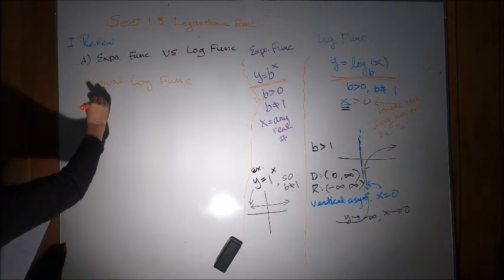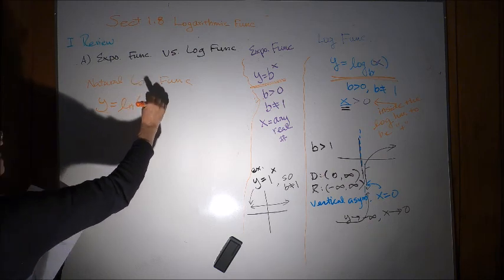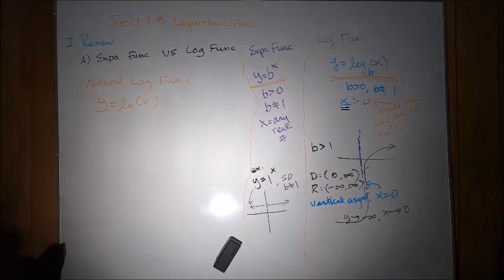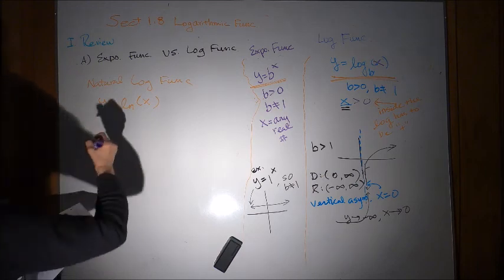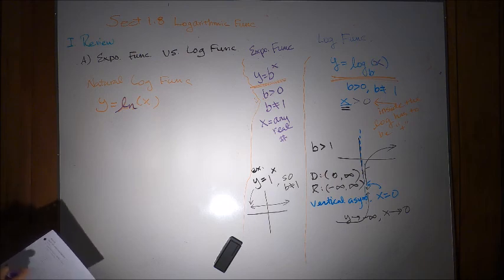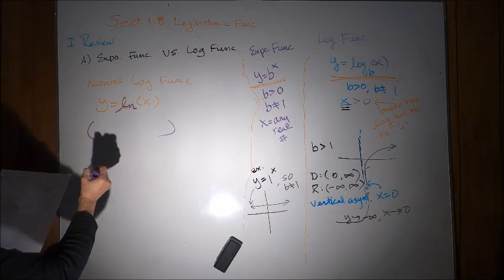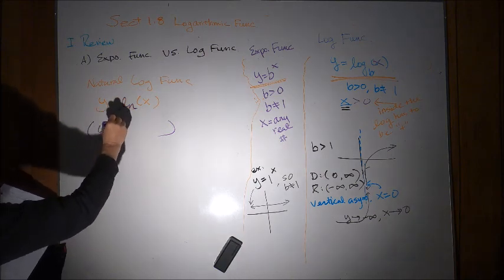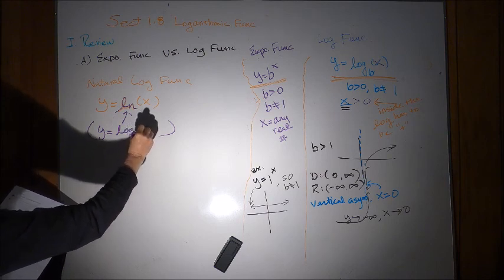It means y equals ln of x. So you will see on your calculator this symbol ln. What does that mean? It means y equals ln of x is log base e of x.